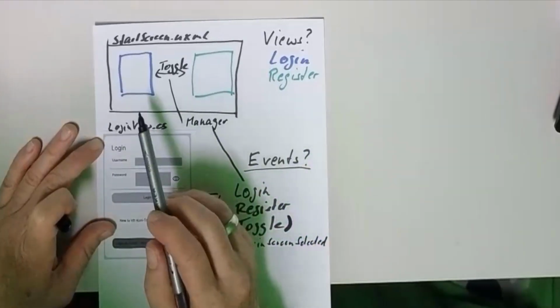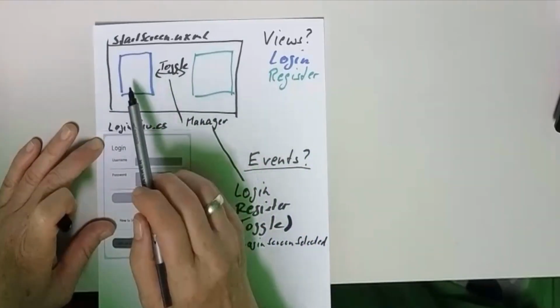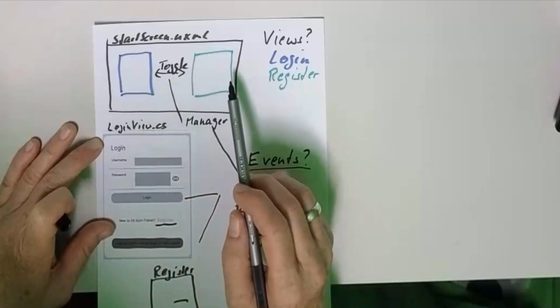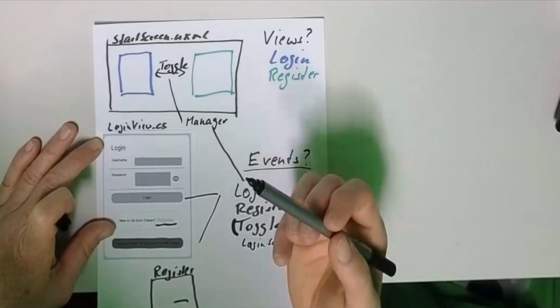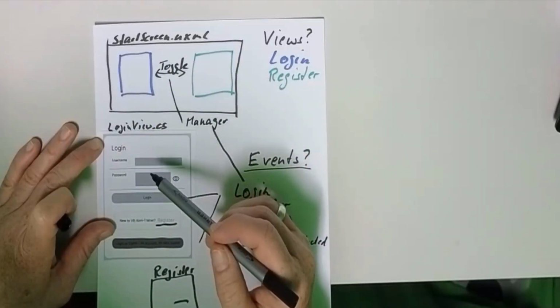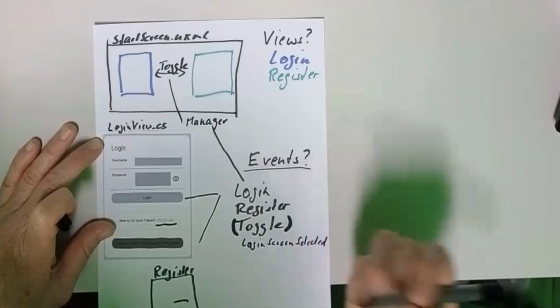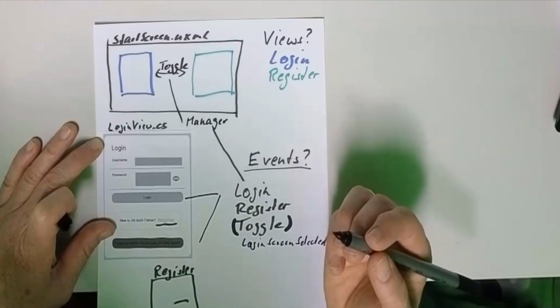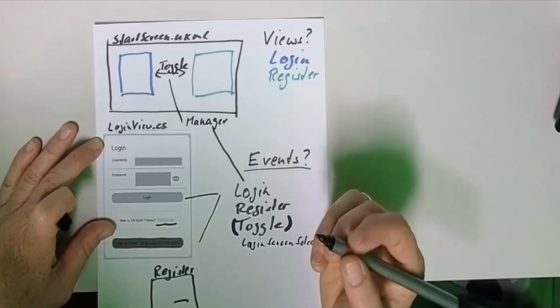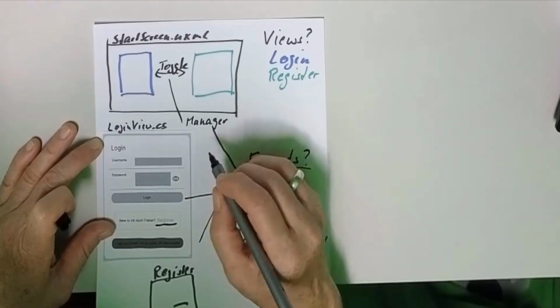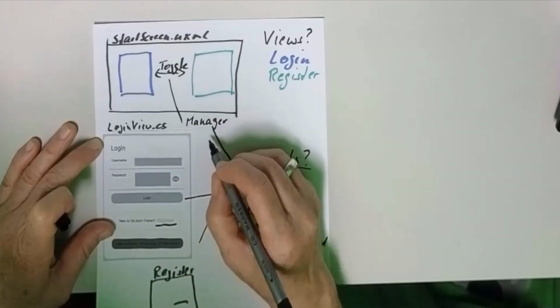Now the manager could easily show and hide these visual elements, but maybe the login view has to do something on the toggling, on the hiding of the registration screen. So in this case, I decided to be able to set some visibility in the view.